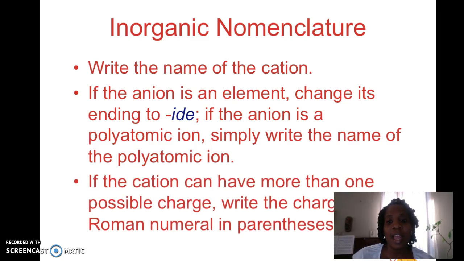If the cation is a transition metal, or some of the group 4A metals or group 14 metals, and it's possible there's more than one possible charge, so you need to specify the charge as a Roman numeral next to the name of that metal.